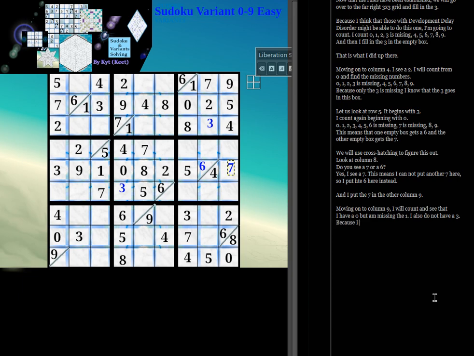And because I am only seeing 2 blank boxes, I know I only need the 1 and the 3. I will look at row 4 for a 1 or a 3.